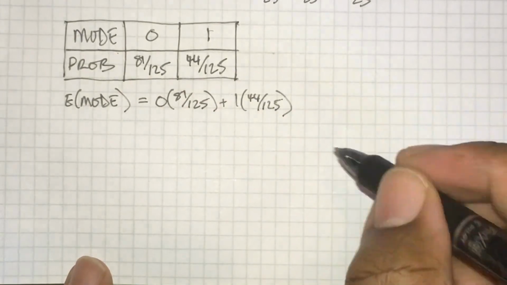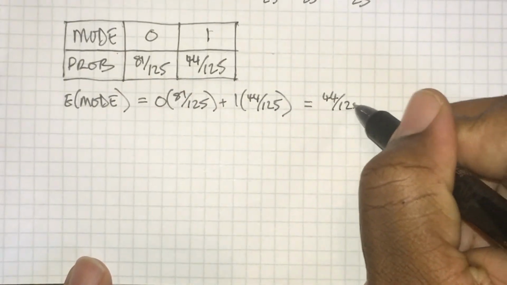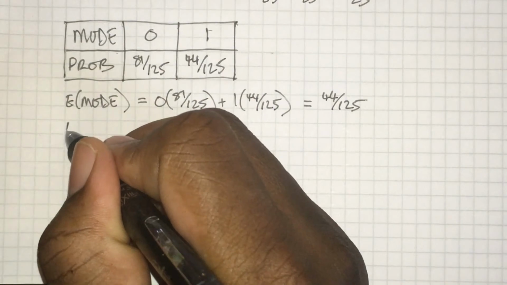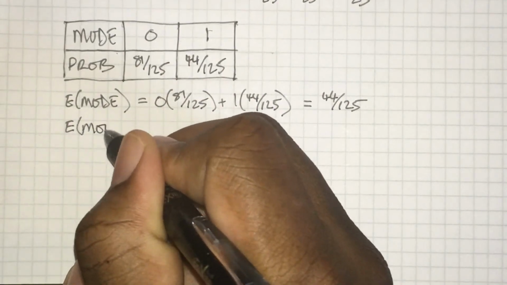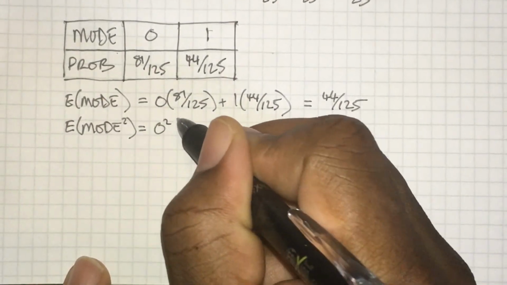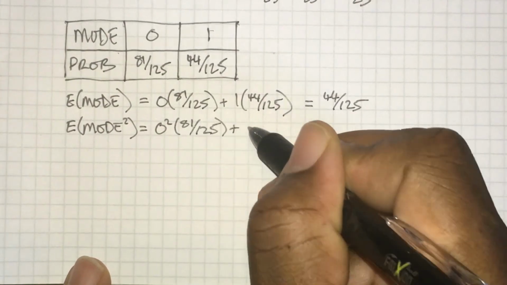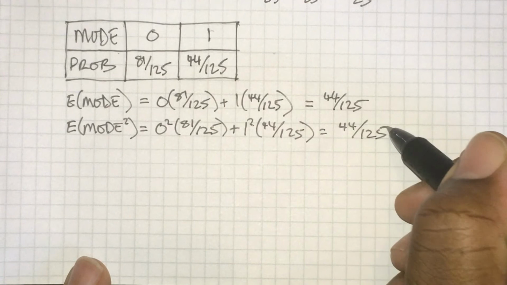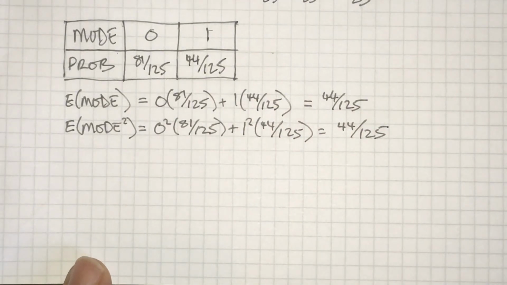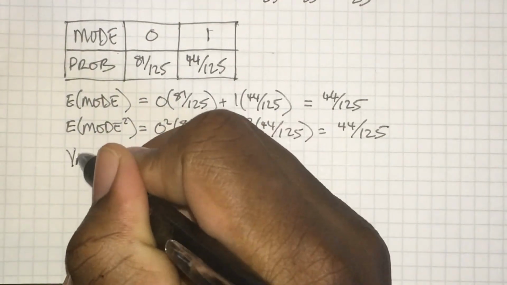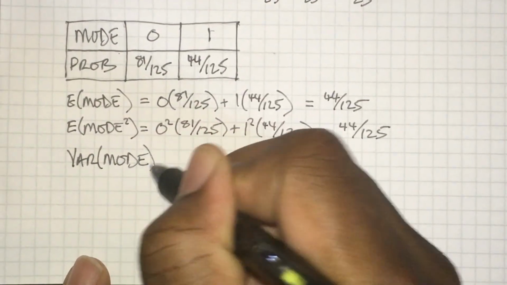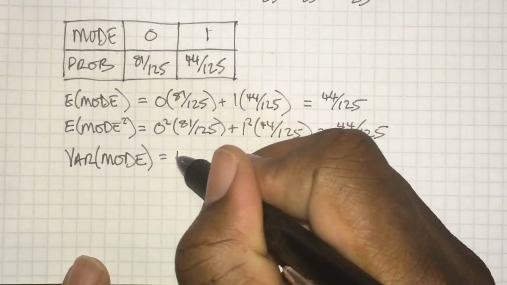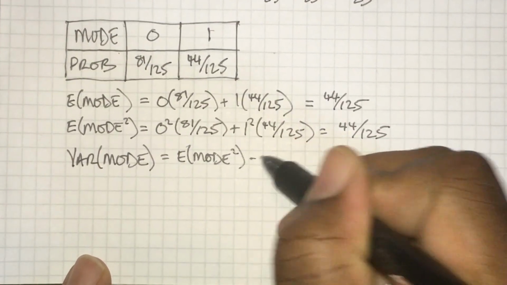Okay, we'll go through a similar process to find the expectation, 44 over 125, and the expectation of mode squared. Once again, this also gives us 44 over 125. I hope you can see why this has happened in the last 2 cases. All right, let's just go ahead and calculate the variance. So the variance is the expectation of the mode squared minus the expectation of the mode, squared.